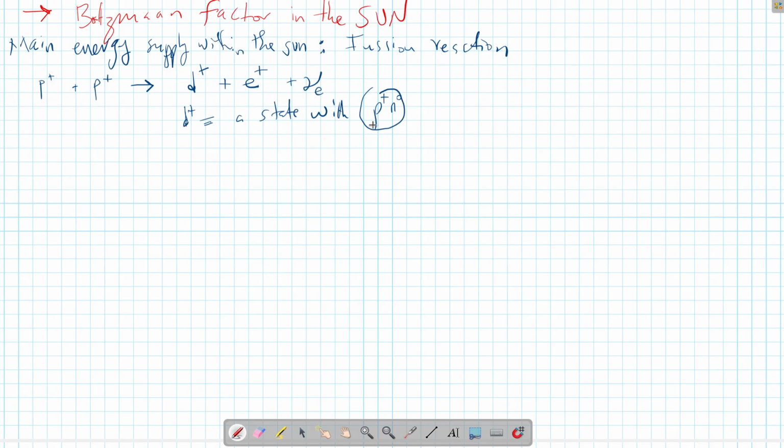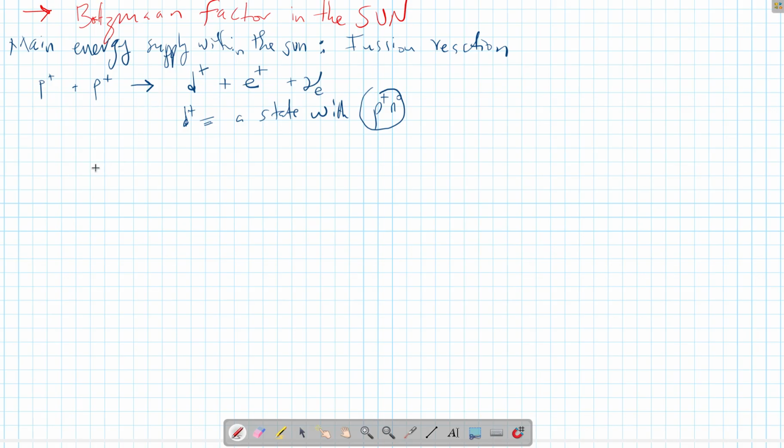A positron is like an electron, but the opposite of an electron. A neutrino is a neutral particle. We're not going to go into details of what these are, as you may know them, but the main point is that whenever this reaction happens, it releases a lot of energy.